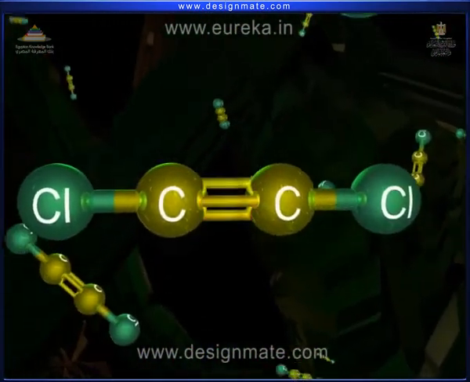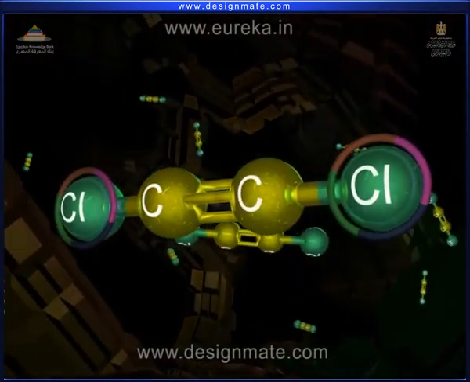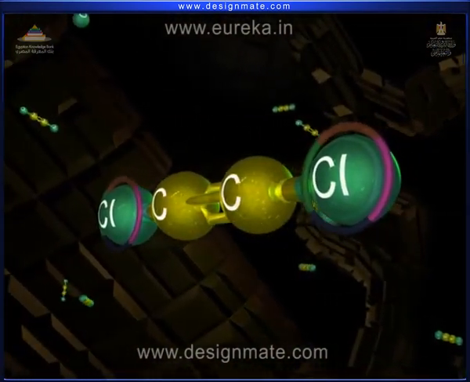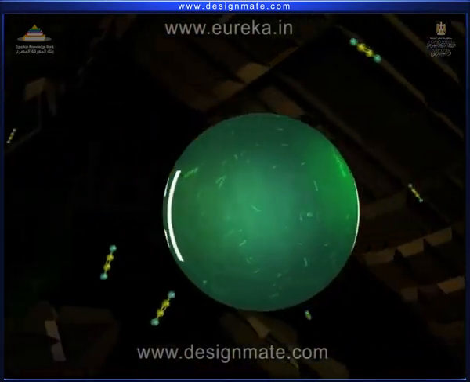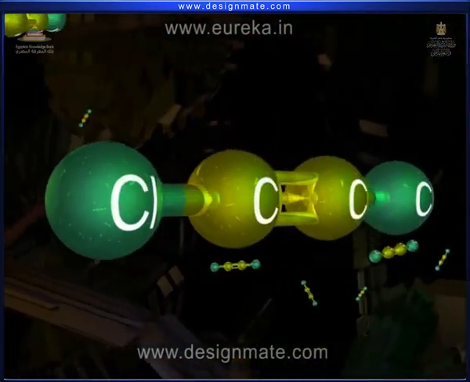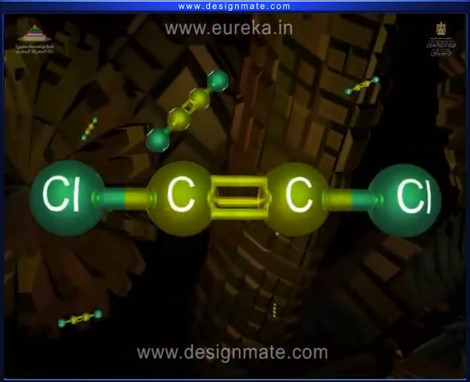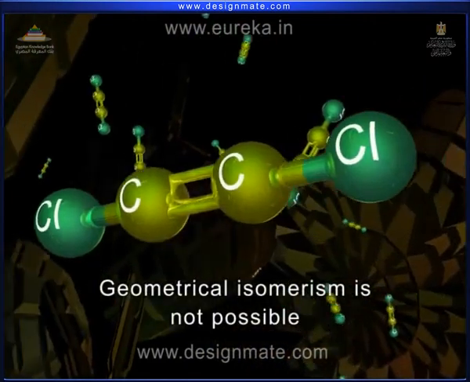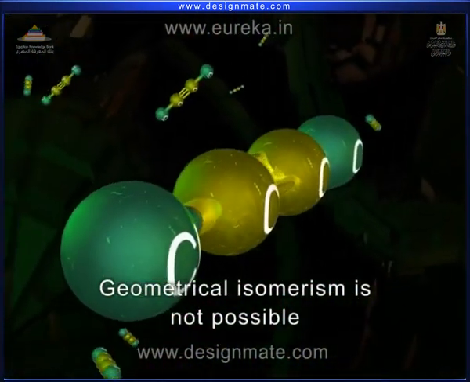At the same time, only one chlorine atom is attached to each of the carbon atoms, and the geometry of the molecule is linear. Here, none of the necessary conditions for geometrical isomerism are satisfied. Thus, geometrical isomerism is not possible in unsaturated hydrocarbons like alkynes.